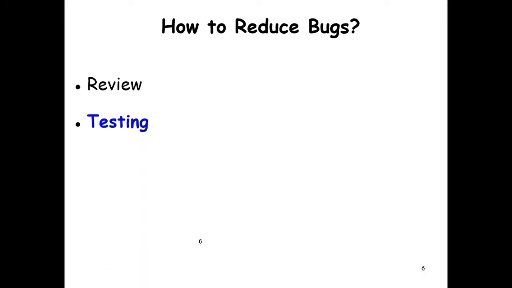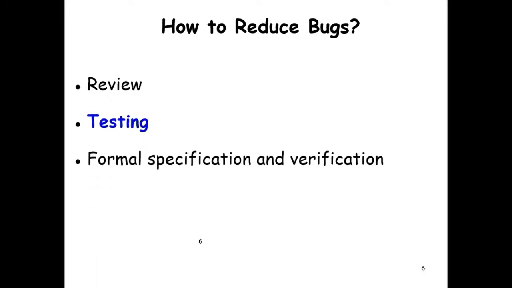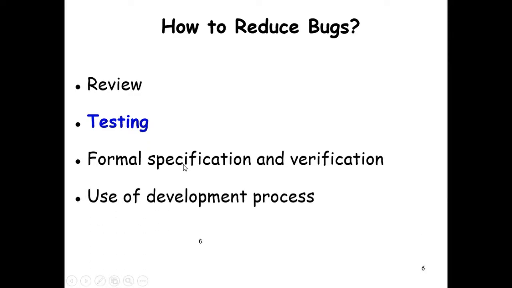One is review, the second is testing, and the third may be formal specification and verification. Formal specification and verification may lead to a huge cost for a company, so it's not possible for a large code segment to go through this process. And of course, by use of some development process.